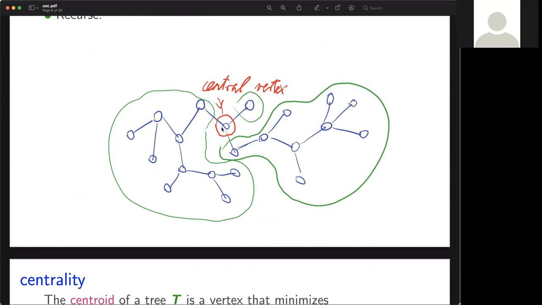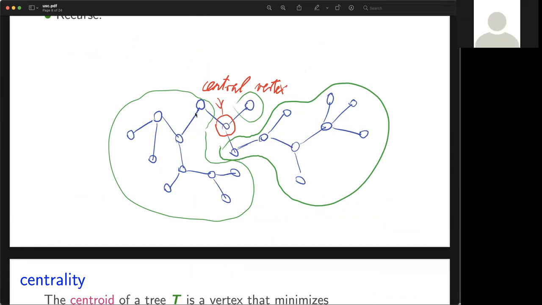So I want to estimate the centrality of this vertex. We do this for every vertex, so that's only a linear number. We look at this vertex, and now I would like to know how big these subtrees are. The way to do it is that I take a random sample of vertices, and for each pair of vertices, I can use the covariance oracle to determine whether the pivot vertex separates these two.